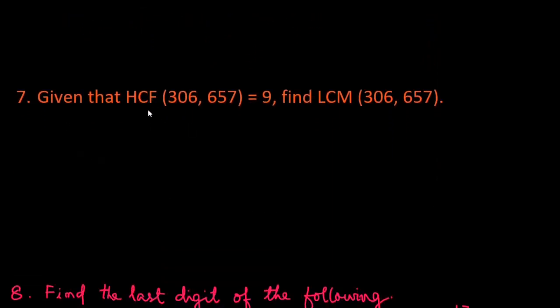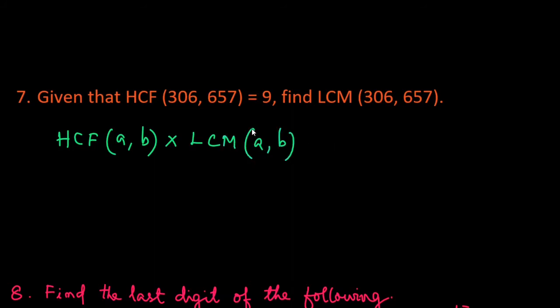Given that HCF of 306 and 657 is equal to 9, find LCM of 306, 657. So we know this relation, HCF of A comma B into LCM of A comma B. We can use either square brackets or parentheses here.